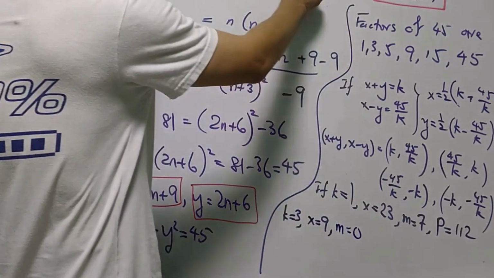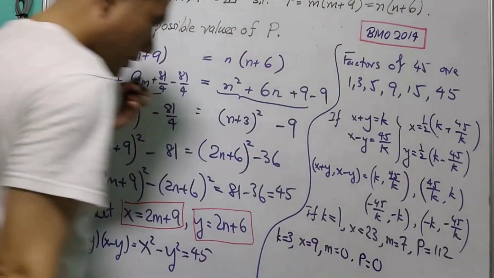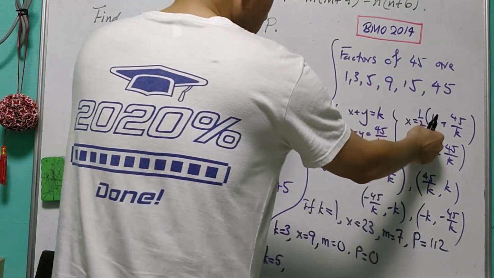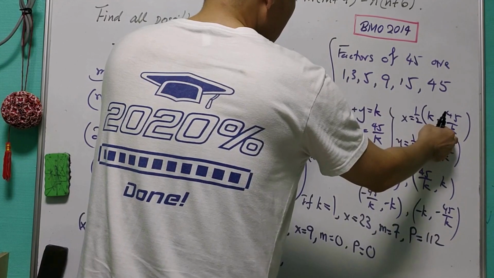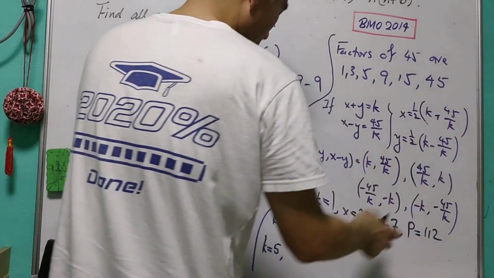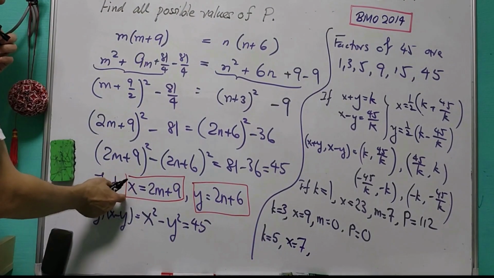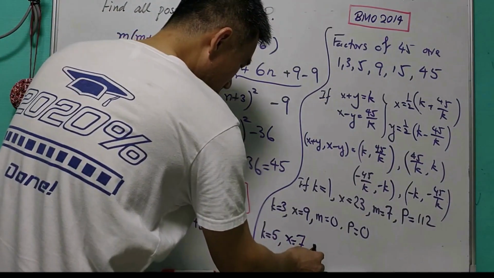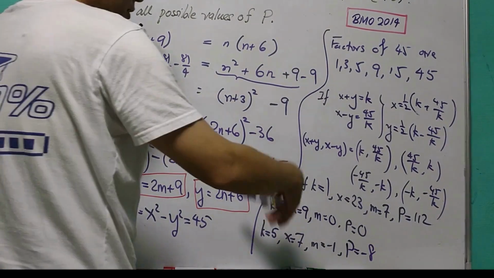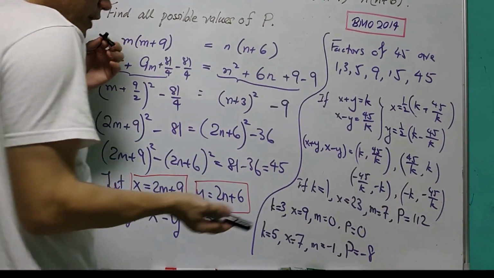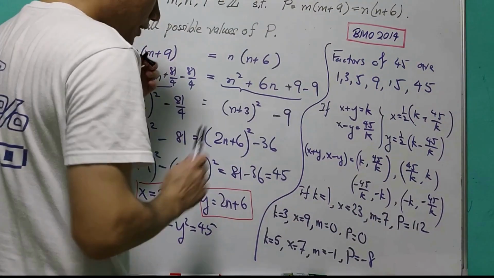Obviously, when m equals 0, p is equal to 0. k equals 5, x is equal to half of 5 plus 9, and that is 14 over 2, that is 7. When x equals 7, m is equal to negative 1, and therefore p equals negative 8. So the possible values of p will be 112, 0, and negative 8.